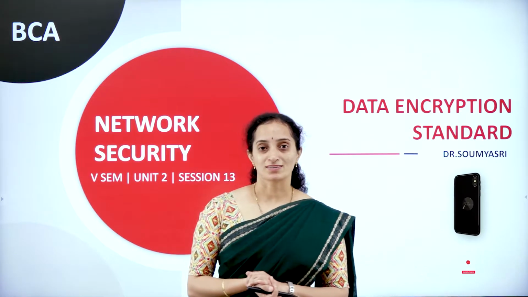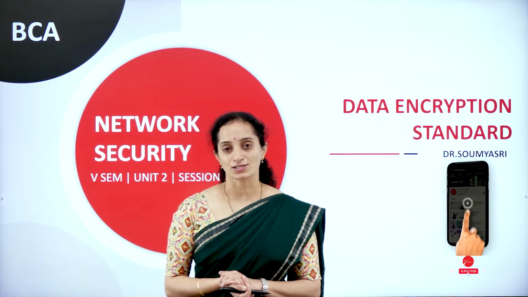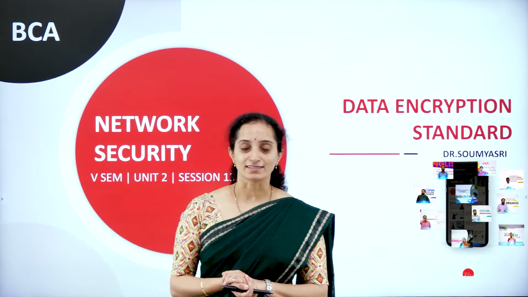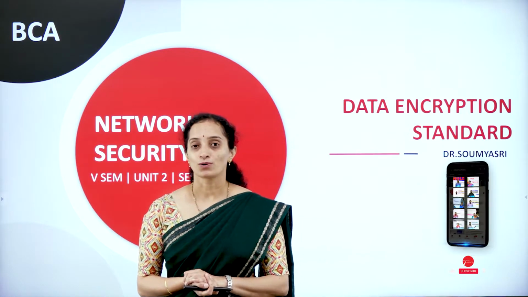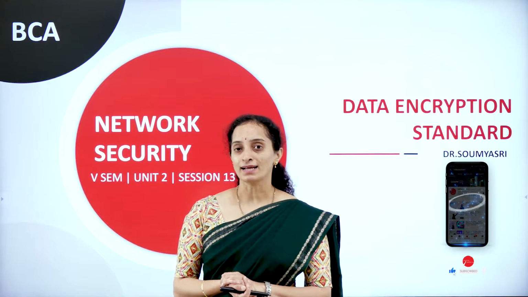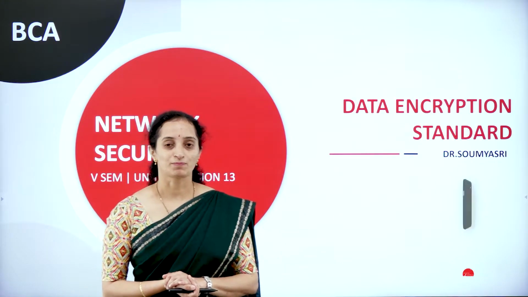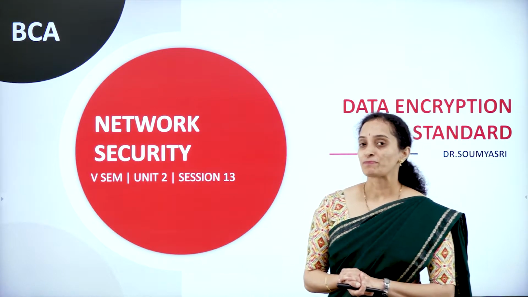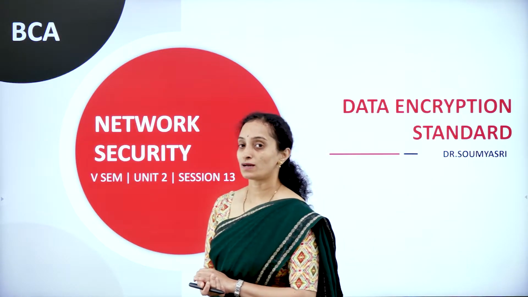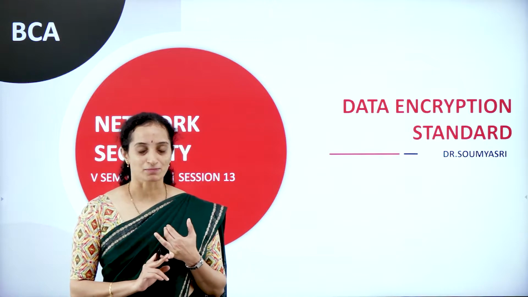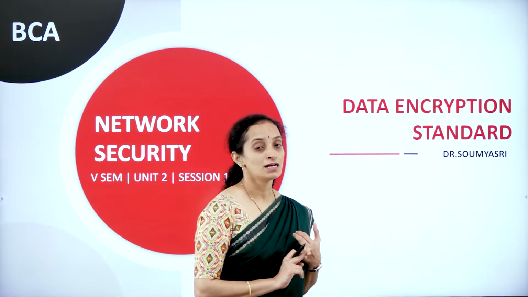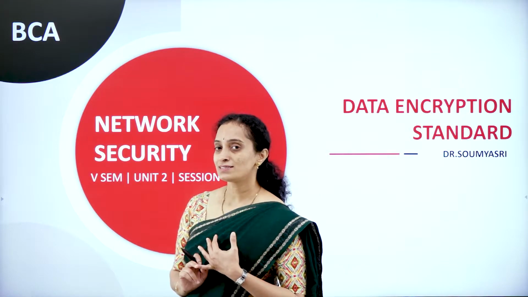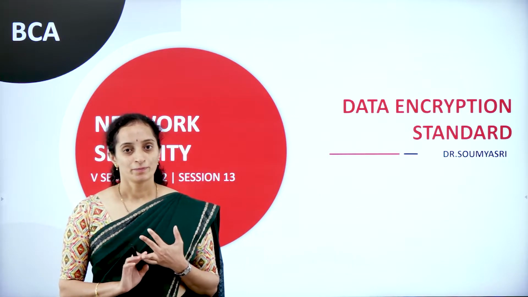Let's come back to this session, where in the last session I told you about the function of DES. How does DES generate a cipher text? It uses 3 boxes. One is the expansion P box, another is the substitution box or S box, and another is the straight P box.